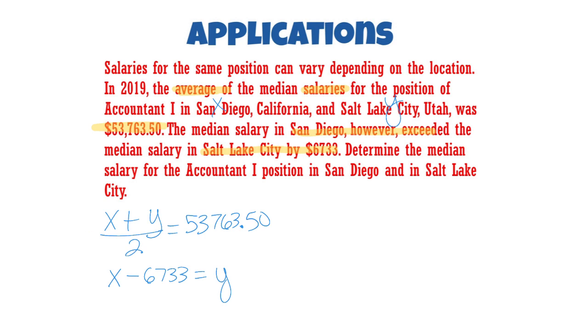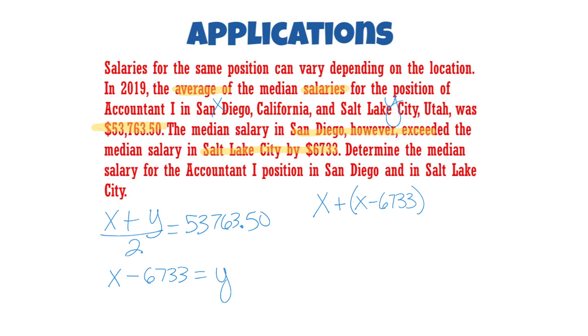I'm going to take both sides times 2, which is going to make this a lot bigger, but it's going to get rid of this fraction. At the same time, I'm going to do my substitution. So here's where I'm going to be then. I'm going to have an X plus, and instead of the Y, I'm going to put in this X minus 6733. Since I'm adding, those parentheses that I just put there are totally optional.